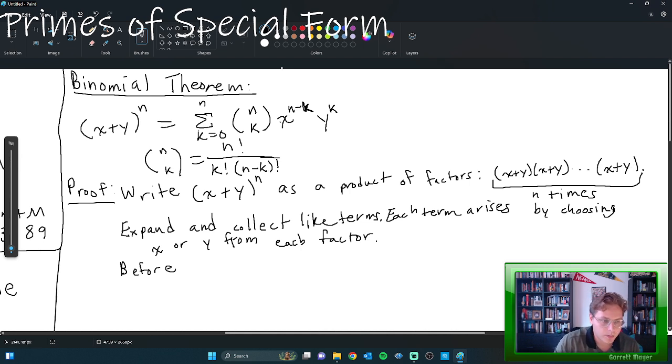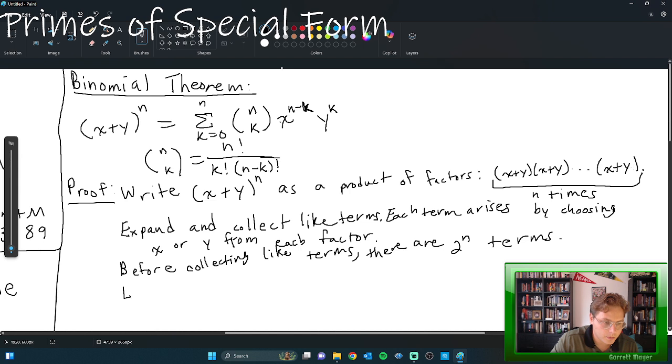So before you collect like terms, there are 2 to the n terms.